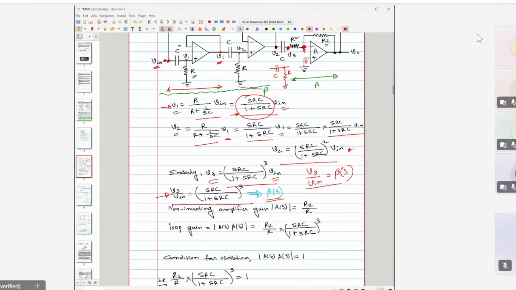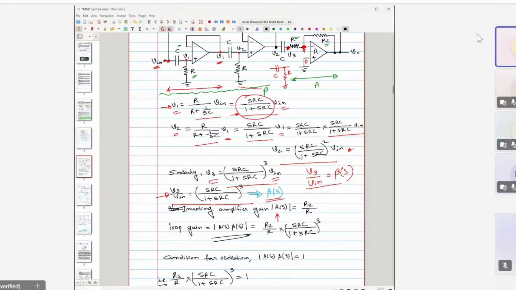Then to calculate the loop gain, we should also know the gain of the amplifier. Sorry, I have written here non-inverting, but it is not the non-inverting, it is the inverting amplifier. What is the gain? Gain is simply R2 by R, right? With a minus sign, but I am using the mod, R2 by R. Then what would be the loop gain?